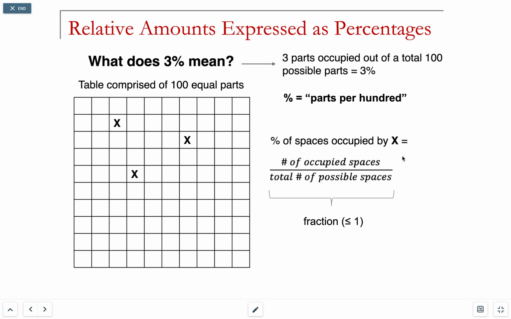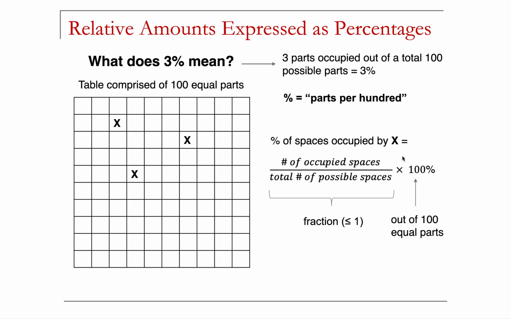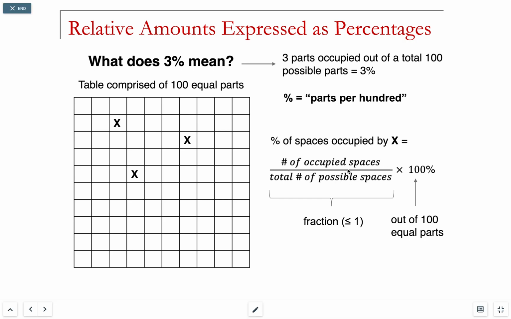Then when we multiply by 100, we are going to convert to percentage. If everything were occupied, we'd end up with 100%. Now what we have here is 3, the number of occupied spaces, divided by 100, which would give us the fraction 3 divided by 100, which in decimal representation is 0.03.